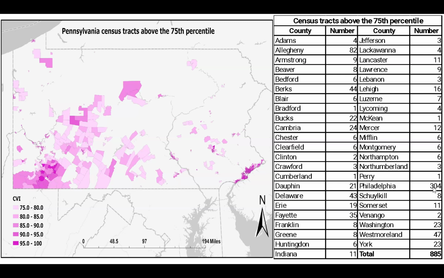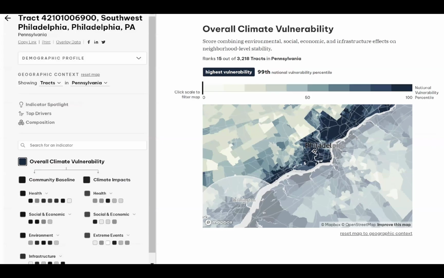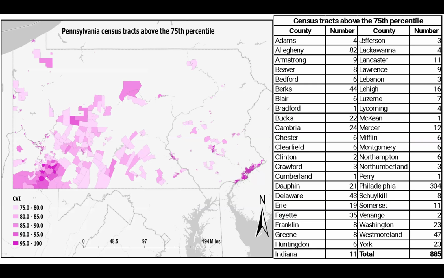As you can see, Philadelphia city has the highest, with 304 census tracts greater than 75 percentile, and it is very high. Another is Westmoreland, Washington County, and Mercer has the highest number of census tracts compared to the others.